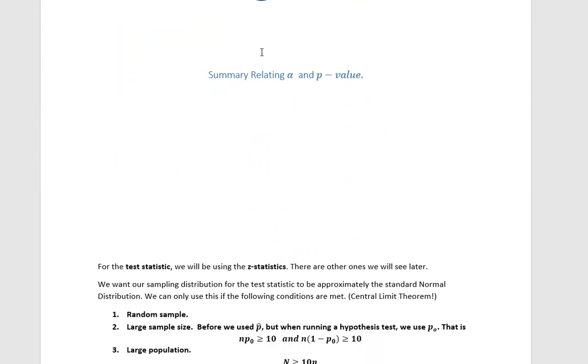As a summary, how do we relate alpha and the p-value? If your alpha is greater than your p-value, then that means that we have a low enough probability of making a mistake to reject H0 that we feel pretty good about doing it.